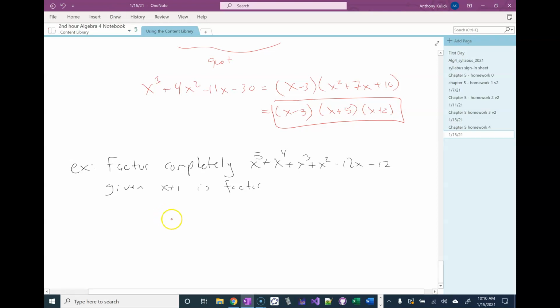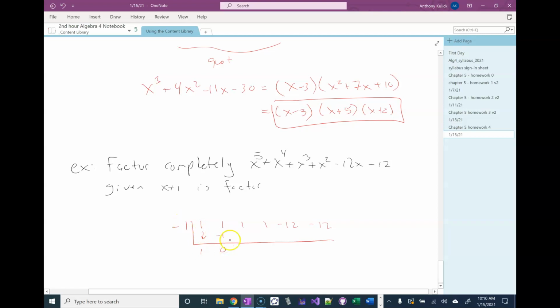So we'll start by setting up our synthetic division, right? Because we can clearly do that. Everybody okay with that? Bring down the 1. 1 times negative 1 is negative 1.